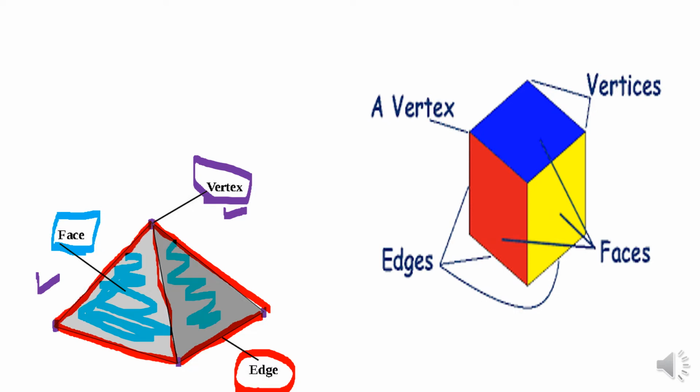I have some more edges in the back, but I will show you now what you can see on my screen. So again, what I mean by the face, it's any flat surface. What I mean by the vertex, it will be the corners. And lastly, what we mean by the edge, it's the straight lines in my shape.